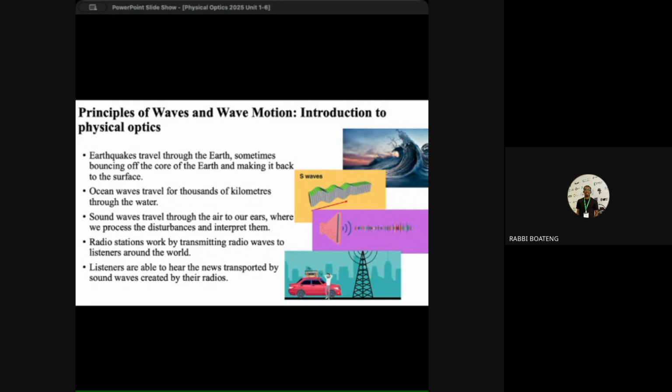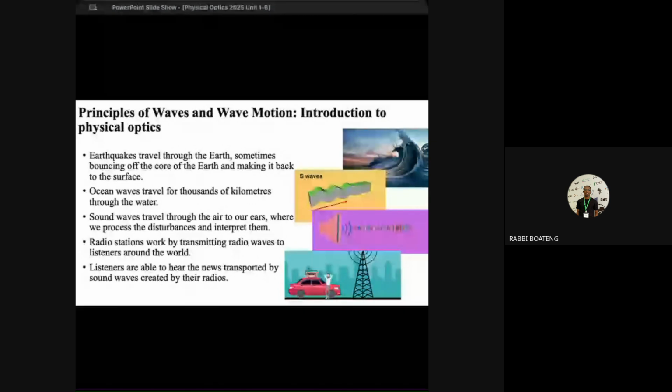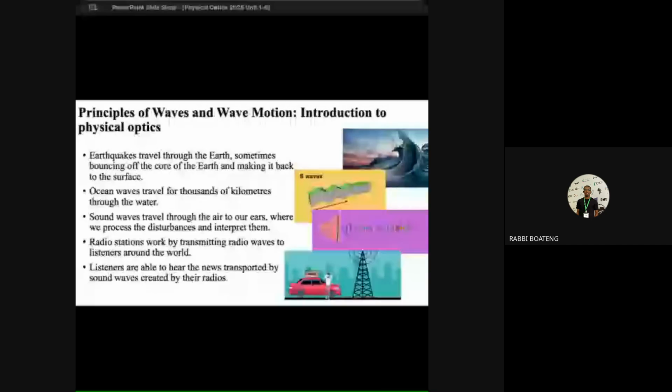So we hear something like an earthquake has happened. It's a disturbance in a medium. Is that okay? We hear, you are beside me, I talk, you can hear. It is a disturbance: my voice, after talking, has caused the gas around it to transfer some form of energy to your ear. So they are all forms of disturbances.